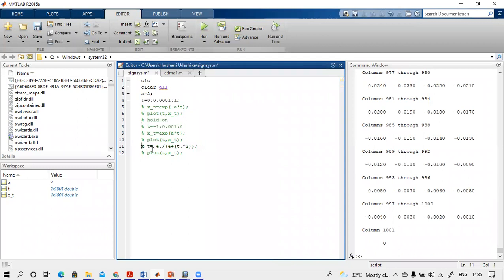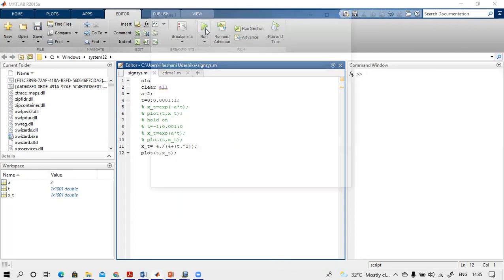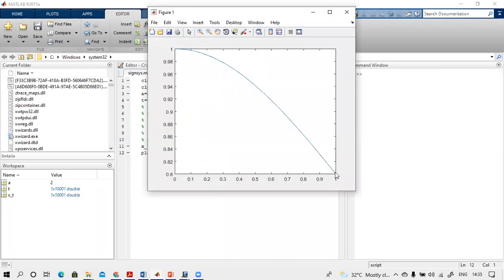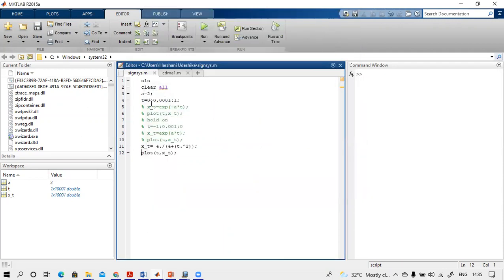So this is my x(t). I take this a as 2, so 2a is equal to 2. You can take any value. If we draw the signal, you will get this kind of signal. This will be from -1 to 1.